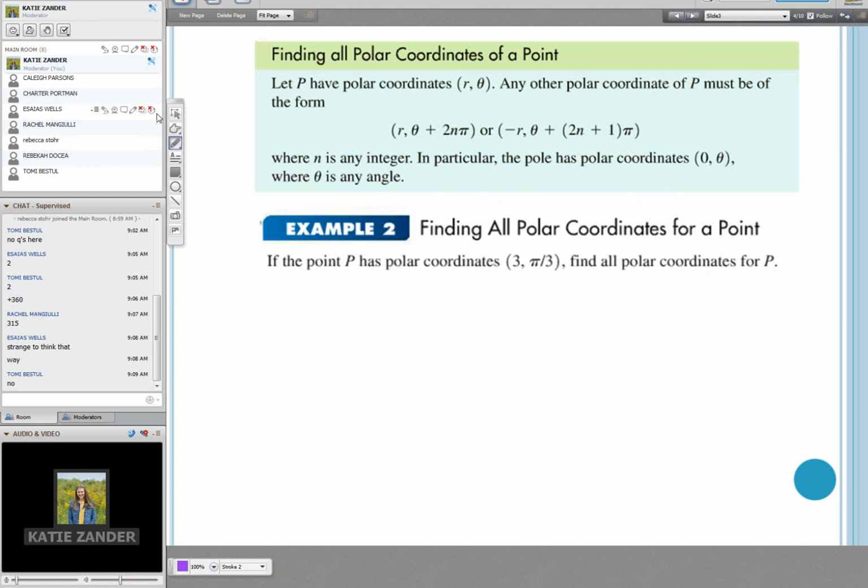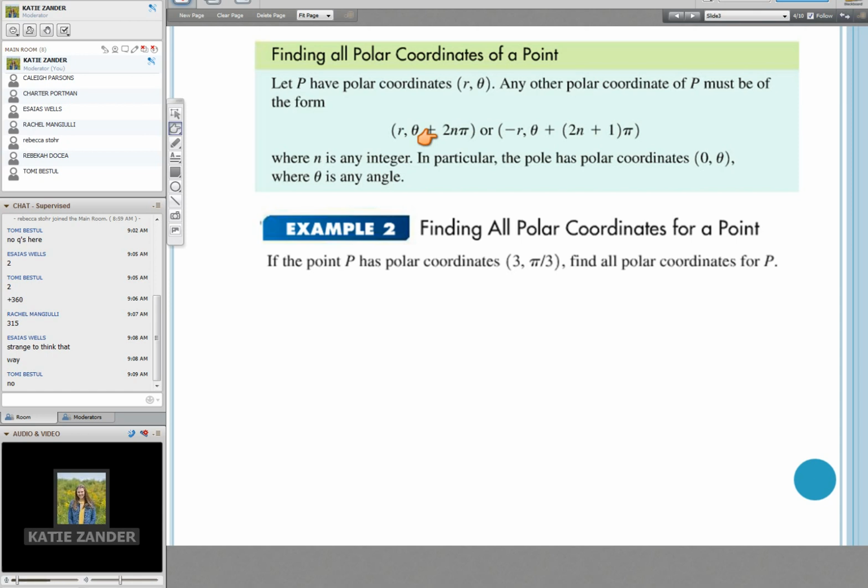But let's move on and talk about how to find all polar coordinates of a point. So much like our angles with our radians and degrees, on our unit circle we could find additional points by adding or subtracting 360. We're going to apply that same concept here to start us off, except we're working with radians. We're not given degrees too often, although we do run into degrees once in a while.